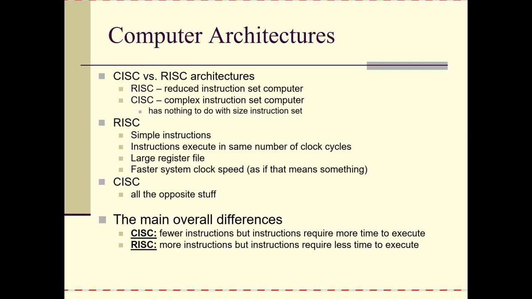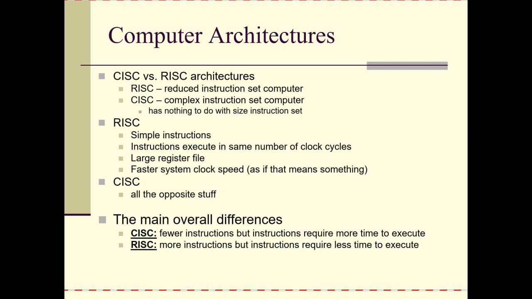Reduced instruction set is a misnomer because it has nothing to do with the number of instructions. It has to do with the complexity of the instructions. If I have a RISC architecture and add 1,000 more instructions to it, and they're simple instructions, it's still going to be a RISC architecture. It has nothing to do with the number of instructions in the instruction set.